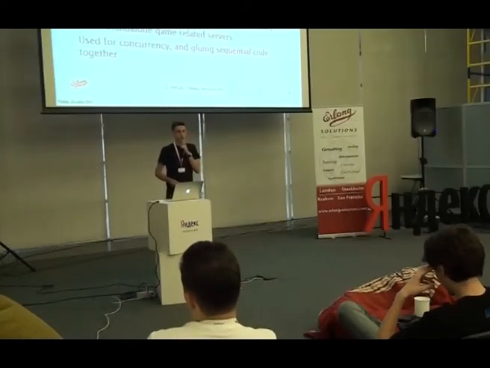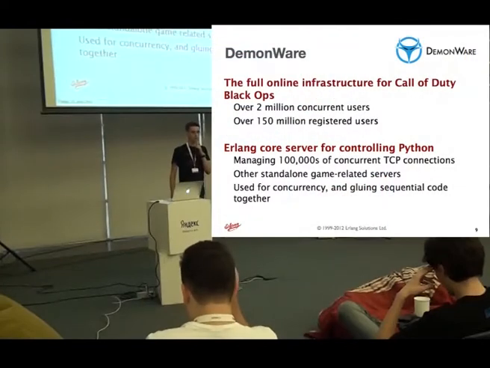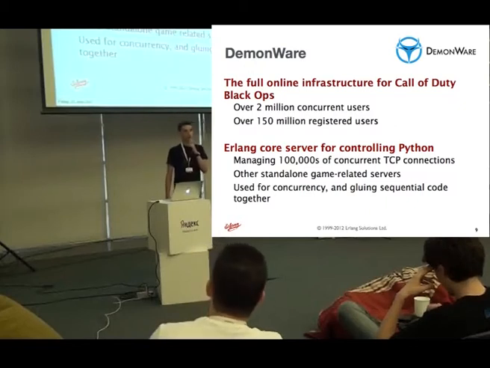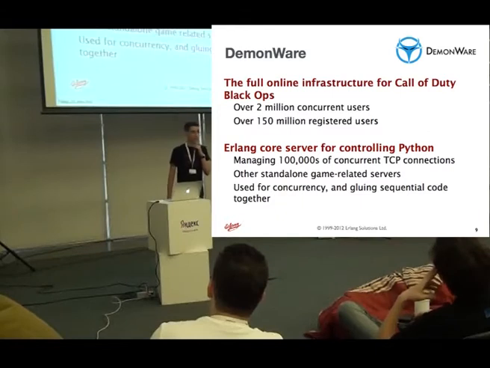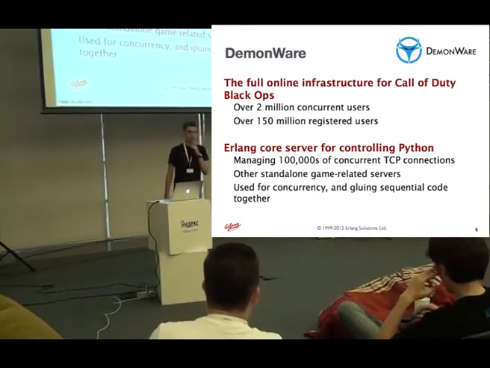First comes a slide about Demonware, which is an Irish company where they use Erlang as an infrastructure for the online game Call of Duty Black Ops. They have quite a few users online, as you may guess, over 2 million concurrent users.